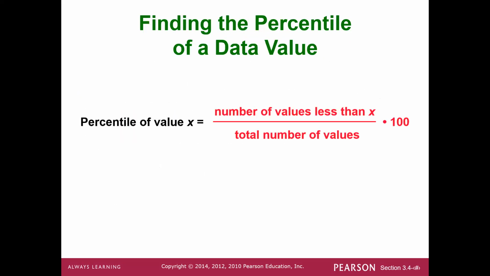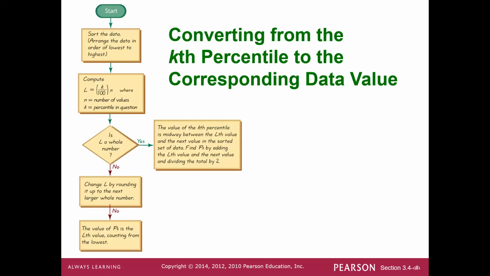You should have access to all of this PowerPoint. The one we are using here is this principle. We use the locator formula, and the locator could be a whole number. If the locator is not a whole number, like in the example we have over there, you just round up to the next larger whole number.